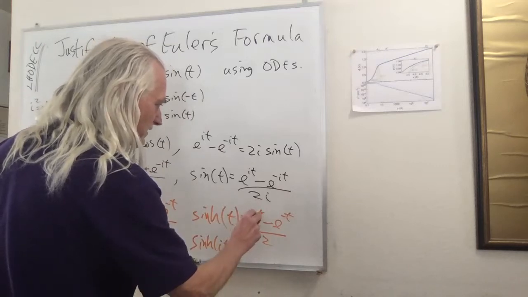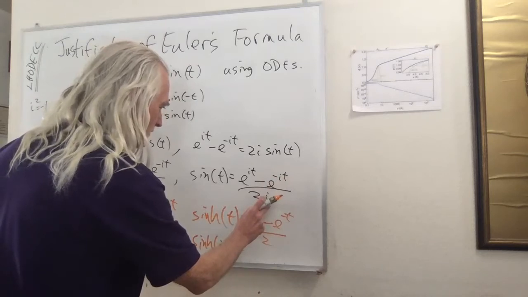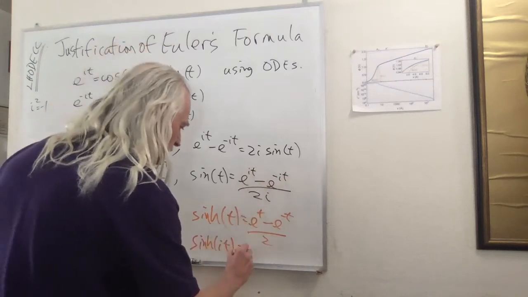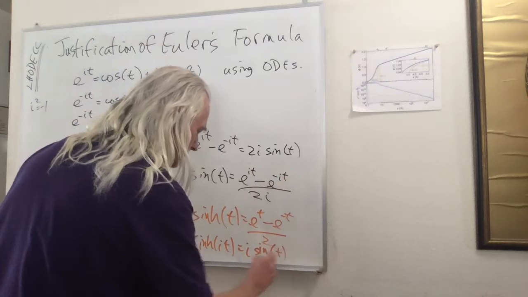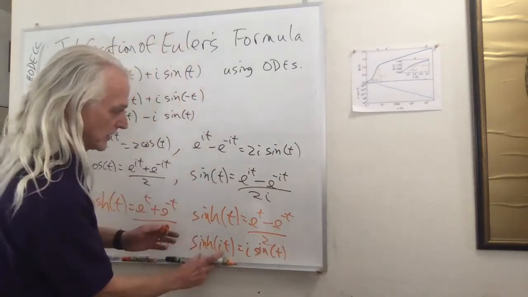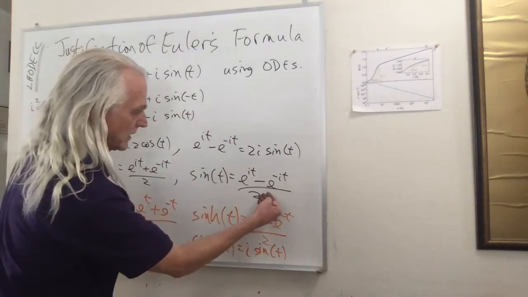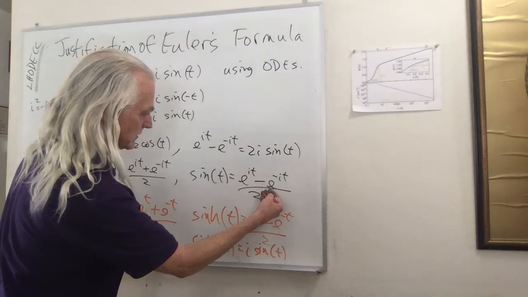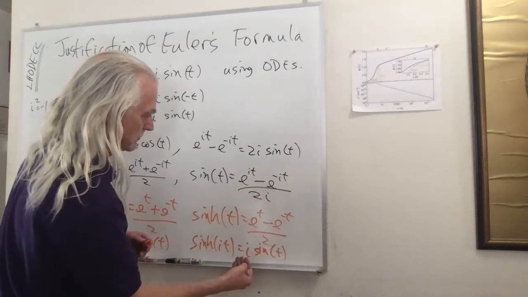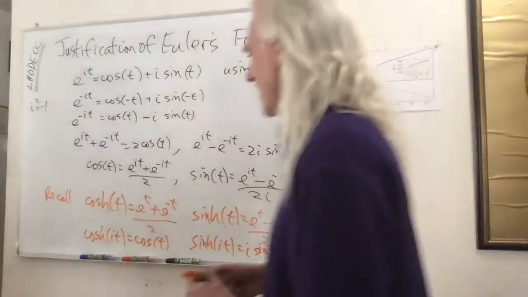I get e to the it minus e to the minus it over 2. I don't have the i in there. So sinh of it is equal to i times sine of t, because what I get from here is this whole thing without the i. Sine t is that. I'm not sure if the i is on top or the bottom, but all right. But that's an aside anyway.